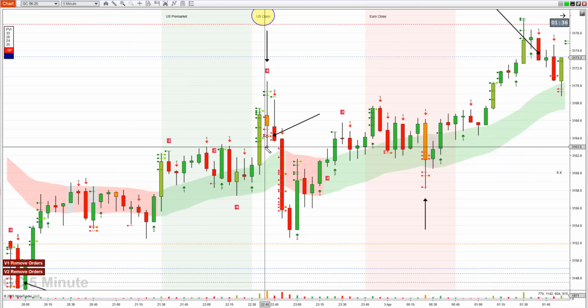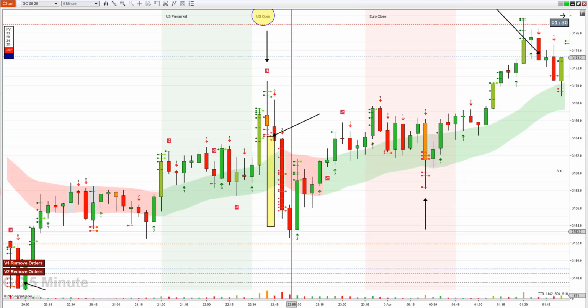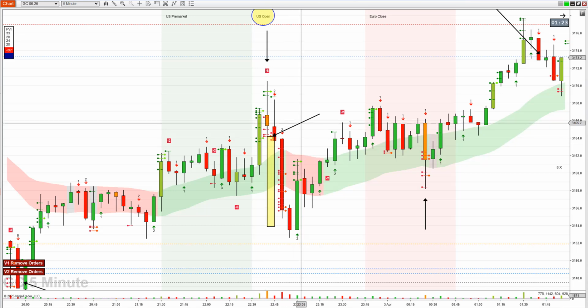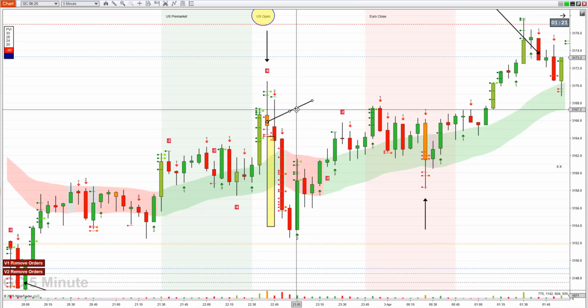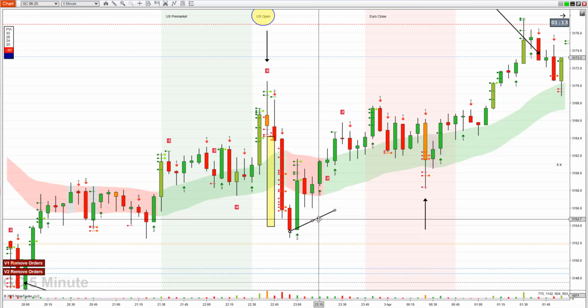We go down 10 horizontals: 1, 2, 3, 4, 5, 6, 7, 8, 9, 10. So there's your $1,000. Not to bang on about the rule of 3, but this trade on gold is going to maximize its profit in, hey presto, 3 times 5 minutes is 15. 1, 2, 3. Well, guess what you did?